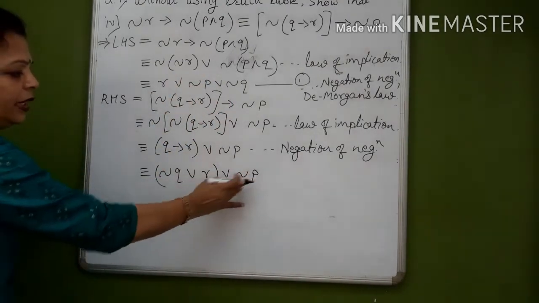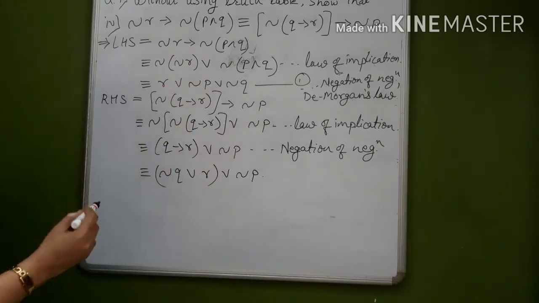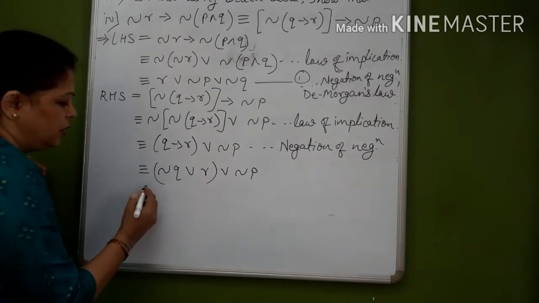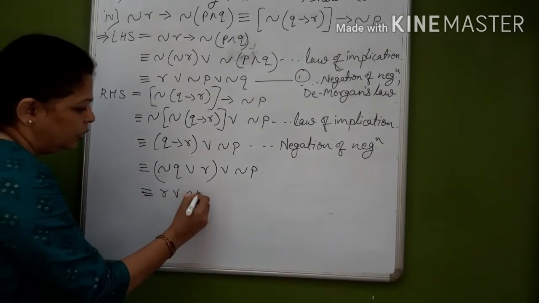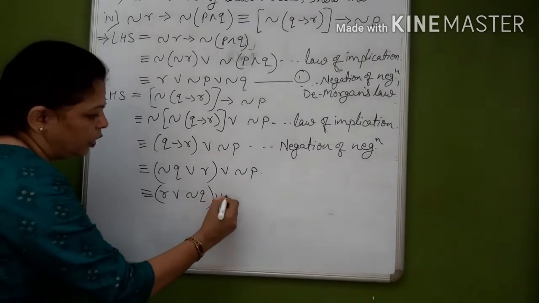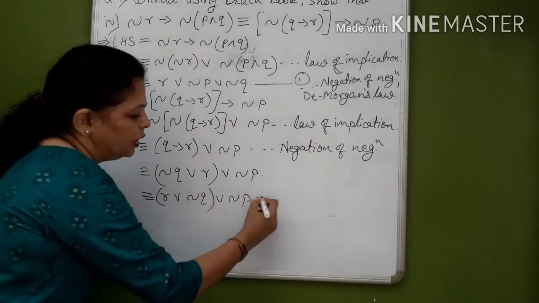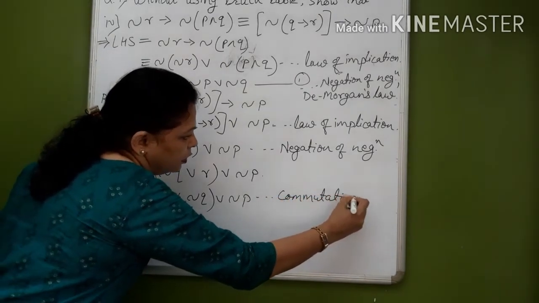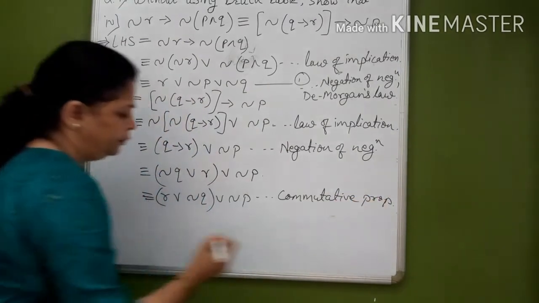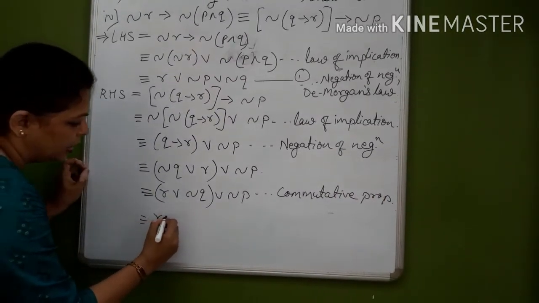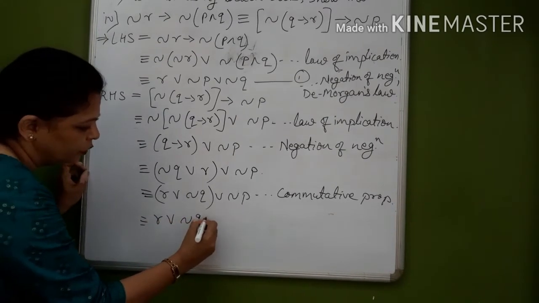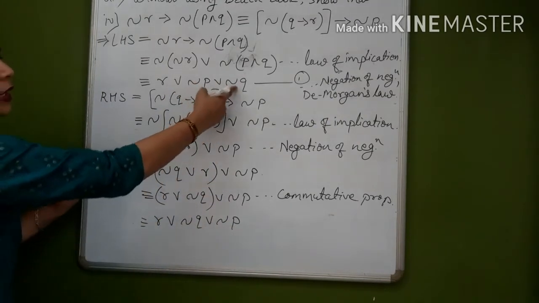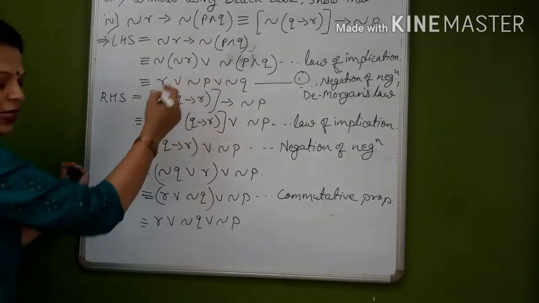So now again we have to rearrange this to get in this same format. So what you can do is R has to come first. So let us bring R first. So this is R or negation Q or negation P. That is your commutative property. We have just interchanged the places. And so you get R or negation Q or negation P. Now negation Q and negation P will have to interchange to match with the first statement.